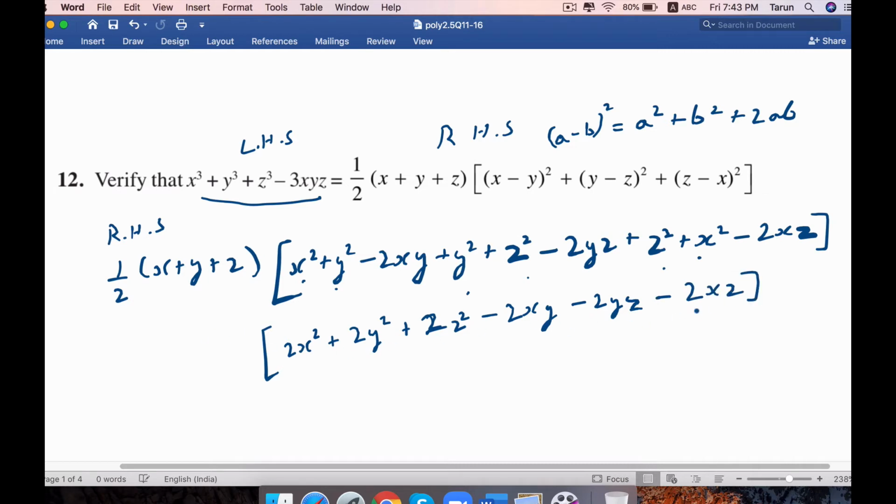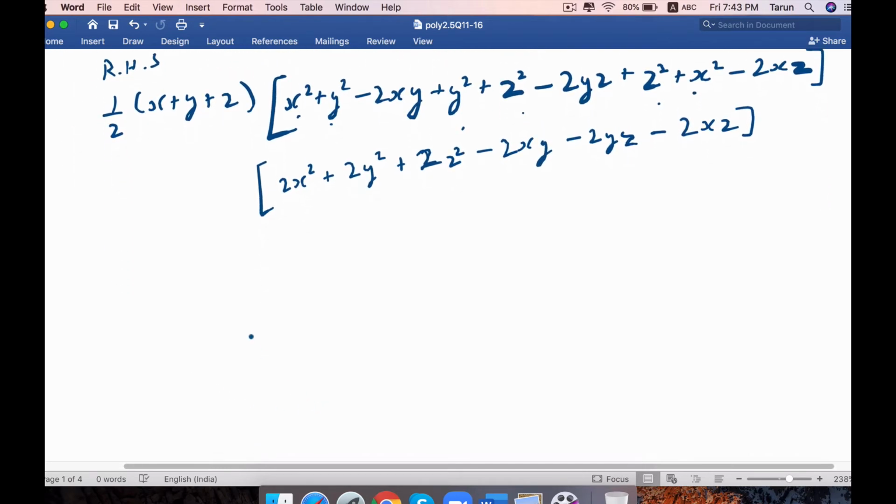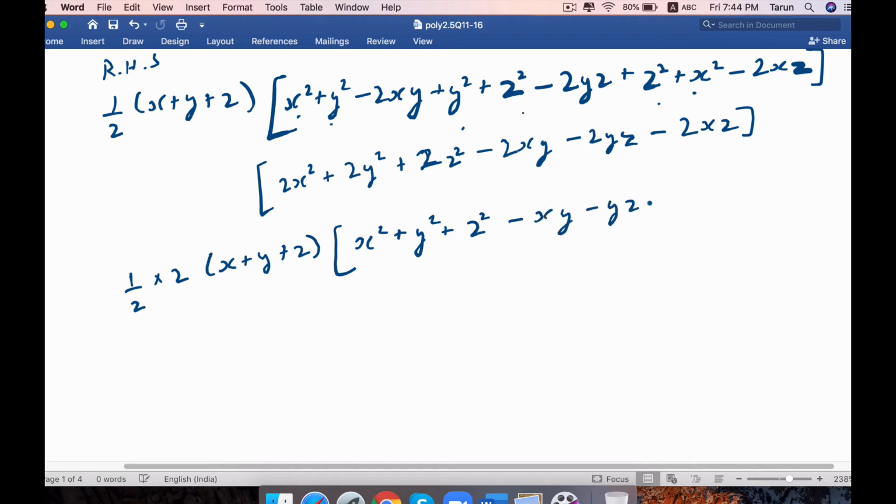Now everything has 2 common, so I can take the 2 out in the next step. So I will get half into 2, the 2 common from here, and the rest will remain the same. I will get x plus y plus z bracket x square plus y square plus z square minus xy minus yz minus xz.